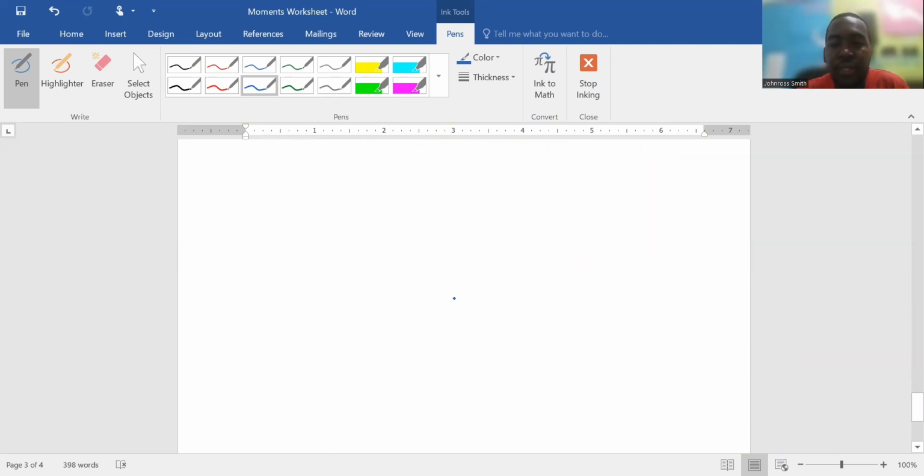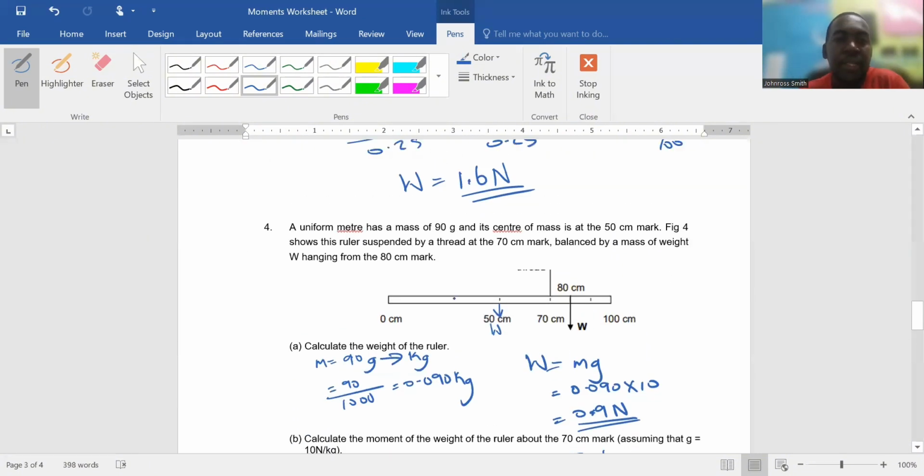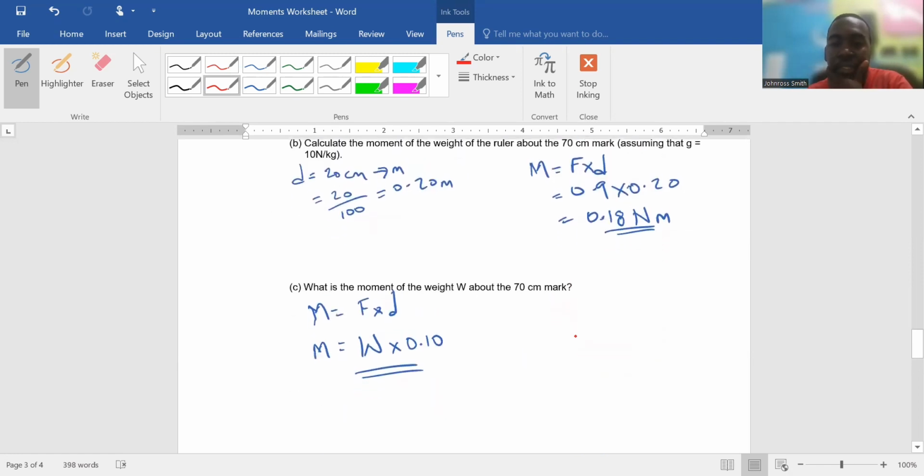Then finally, it is to calculate the value of the weight. So again, that's where we use a principle that says the ruler weight, let's call it WR, would be going in the anti-clockwise moment, right? And the weight of the mass added would be going in the clockwise. So we know the anti-clockwise one, we just calculated 0.18.